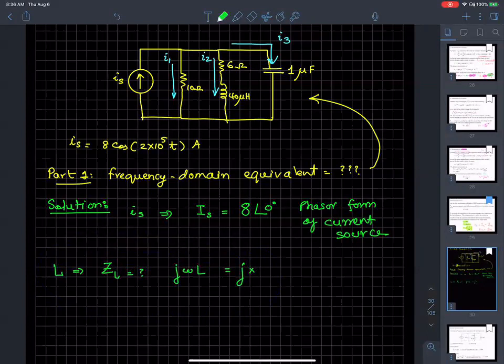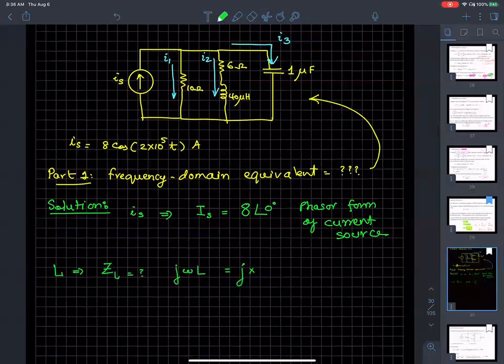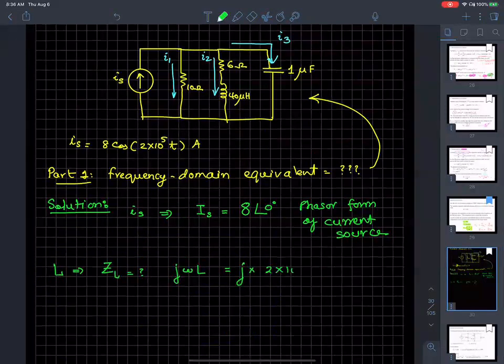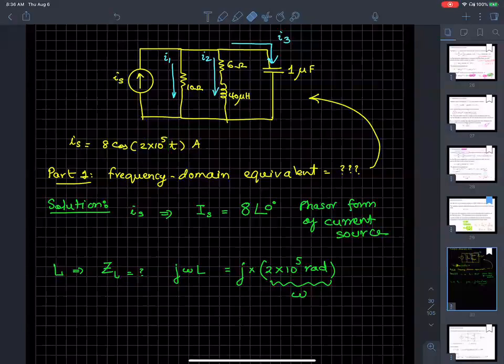That's the value of omega, because that's given here, remember the cosine Vm cosine omega t plus phi.